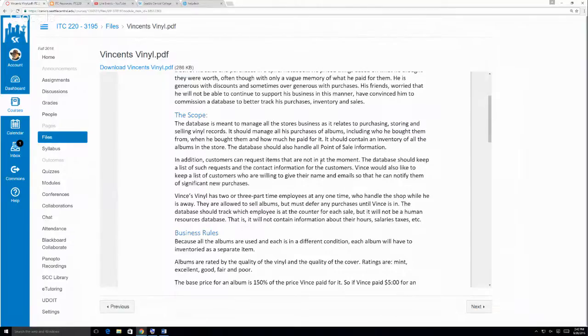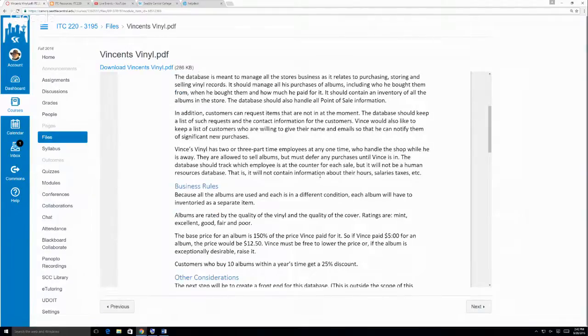And you should keep a list of such requests and contact information for the customers. It would also be nice to just generally keep a list of customers who are willing to give their names and emails so you can spam them once in a while, say we got some new stuff in. And he has 2 or 3 part-time employees at any one time, and they handle the shop. They're allowed to sell albums, but not to purchase.